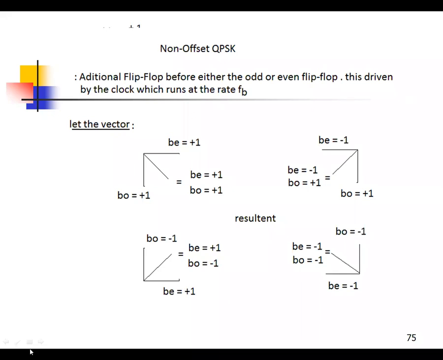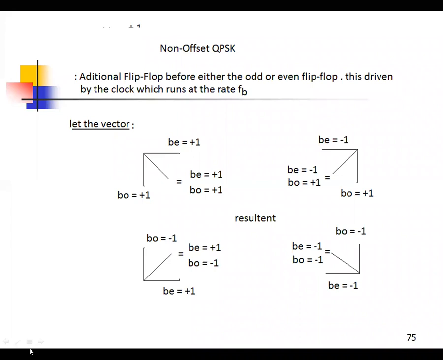In the PPT, let us take an example. There is a vector B, one of the bits, and B naught, another bit. B positive and B negative are 180 degrees out of phase. B naught positive and B naught negative are also 180 degrees out of phase. B_e and B_o are two independent binary data signals, plus or minus 1.